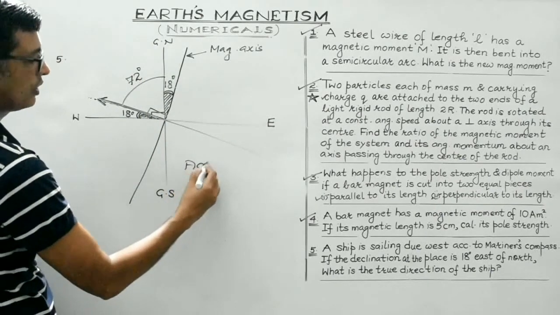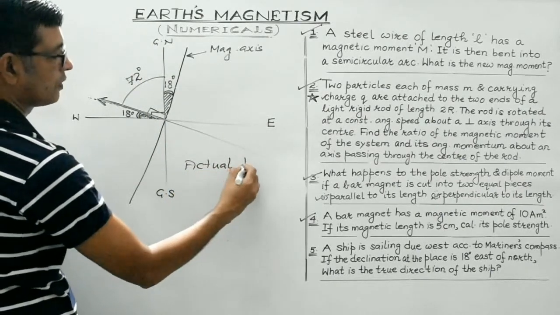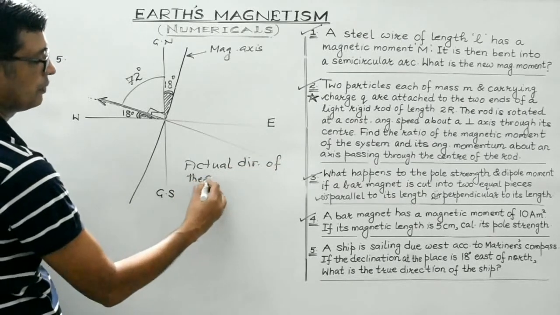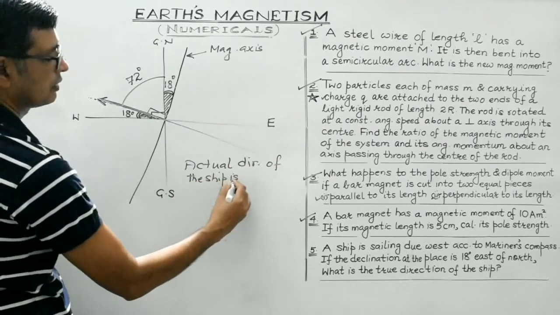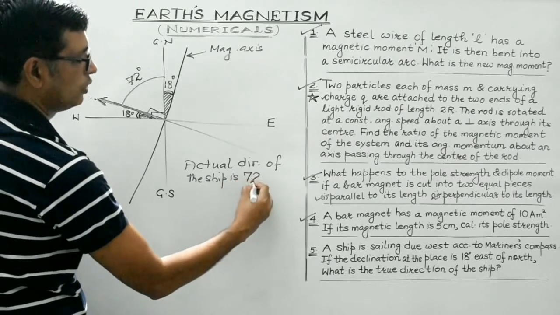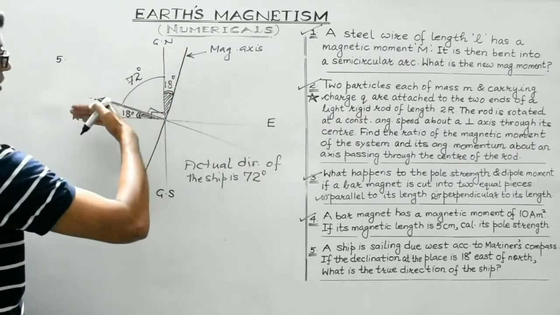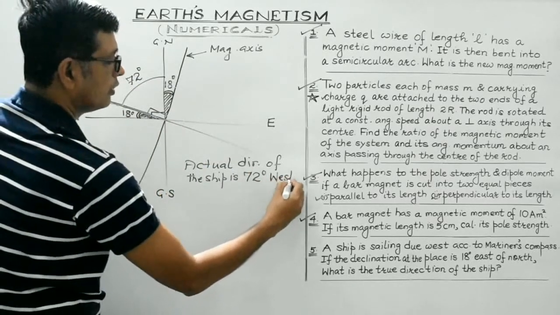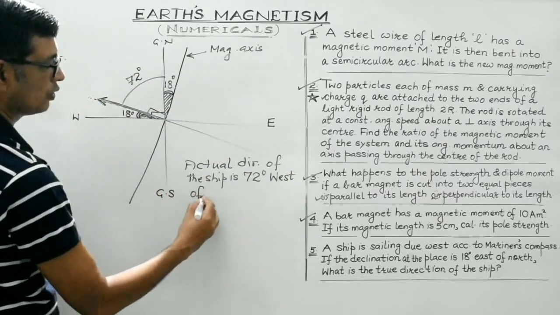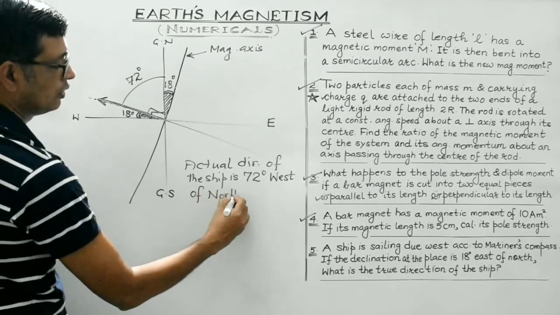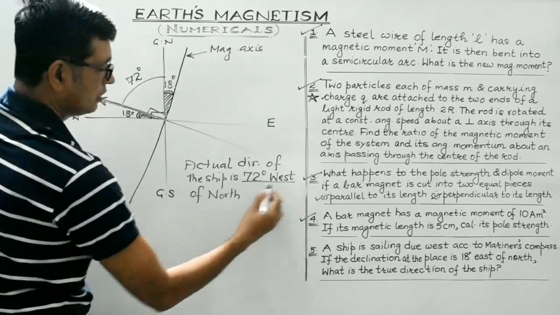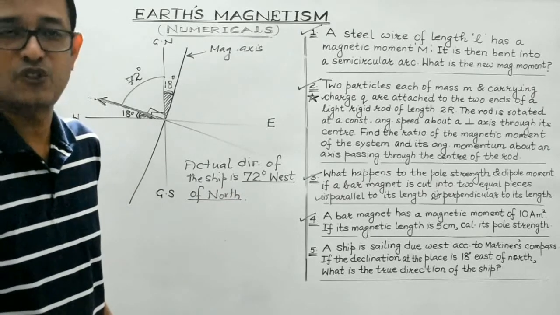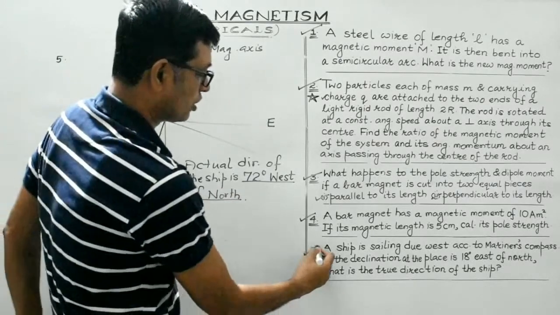So the actual direction of the ship is 72 degrees west of north. So this is how the result is expressed. Clear, students? So we are over with question number 5 as well.